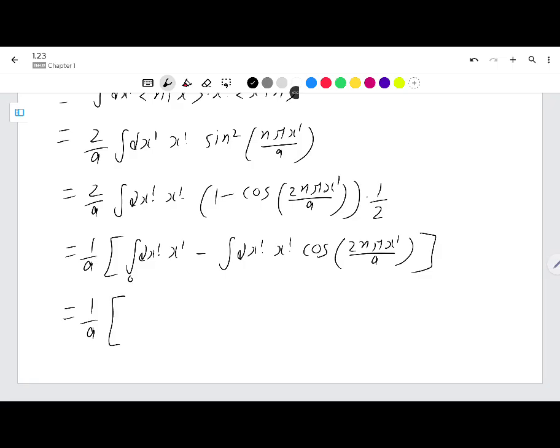These integrals are from 0 to a, so this will be a squared upon four.